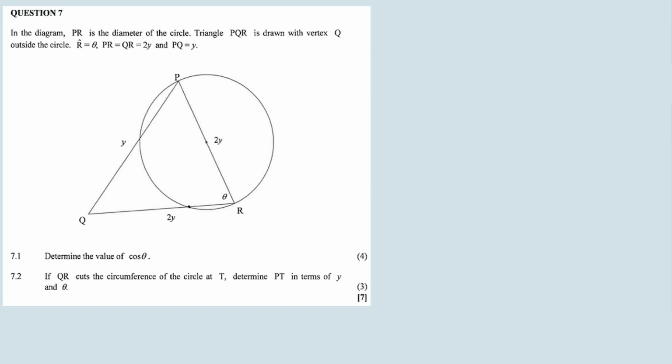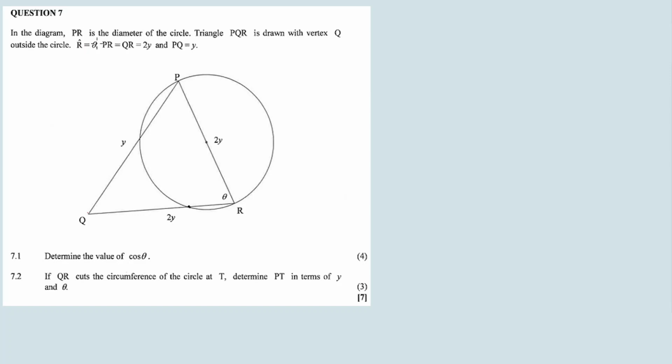So our question 7 says, in the diagram, PR is a diameter of the circle. So PR is a diameter, right? Because it passes through the midpoint or the center of the circle. Triangle PQR is drawn with vertex Q outside the circle.